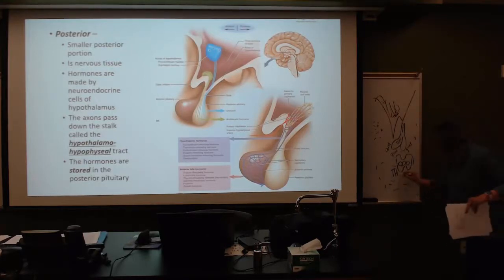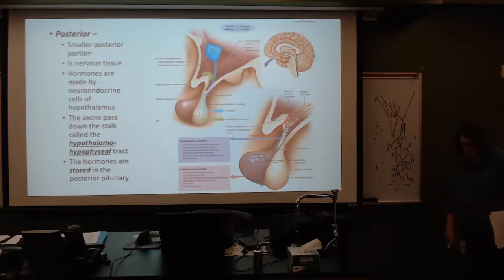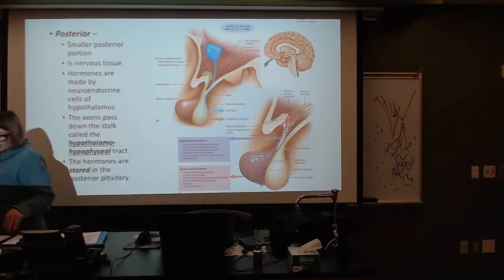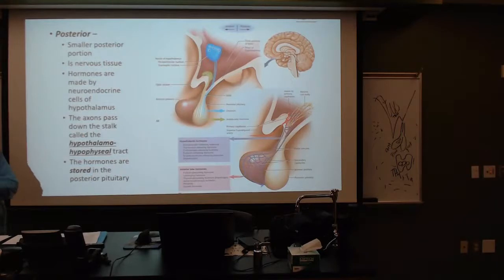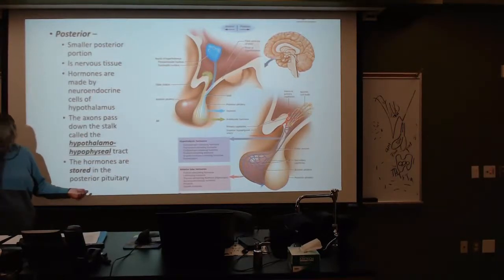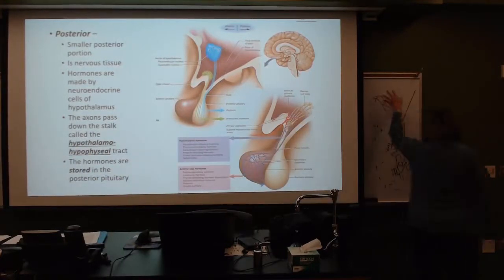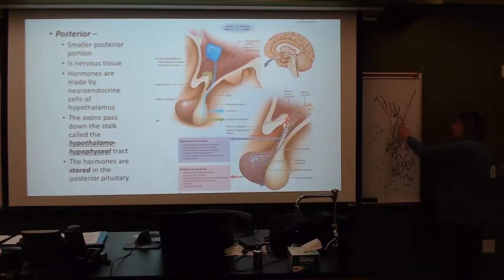Some of it will be in the form of T3, some of it will be in the form of T4. Which one is more potent? T3, because T4 has to be converted if needed. Once the levels go back up in the blood, we'll have receptors that will say, stop.